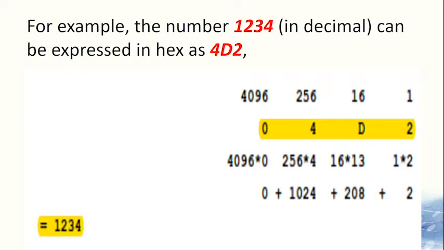As I said earlier, A is 10, B is 11, C is 12, D is 13, E is 14, and F is 15. So the rightmost is 1, and then multiply it by 16, which is 16 times larger than your first value, and then multiply it again. It becomes 256, and then multiply it again, and it becomes 4096.